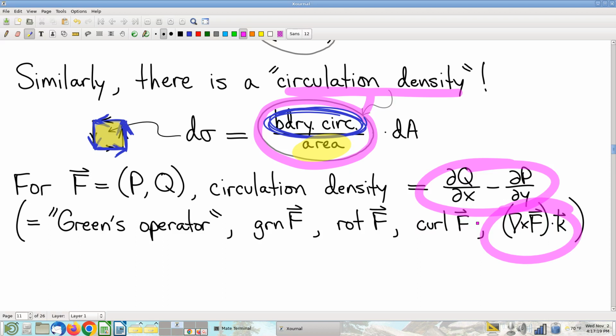So to make sense out of this, you have to say, all right, I've got two coordinates, I'm going to pretend there's a third coordinate of 0. That's not true. If you pretend that there's a third coordinate that's 0, and then do the del cross, you get a vector, and then you say, well, I only want what ends up being the third part of it. And so you dot with k to pick out that third part. If you were to compute this out, yeah, you would get this.